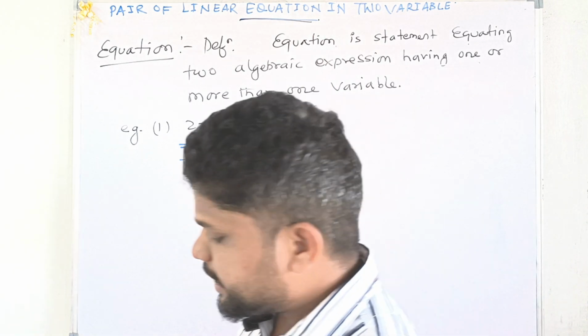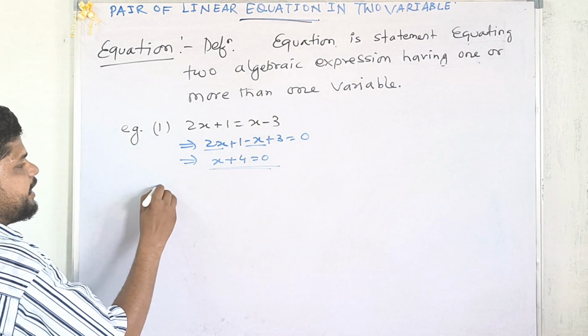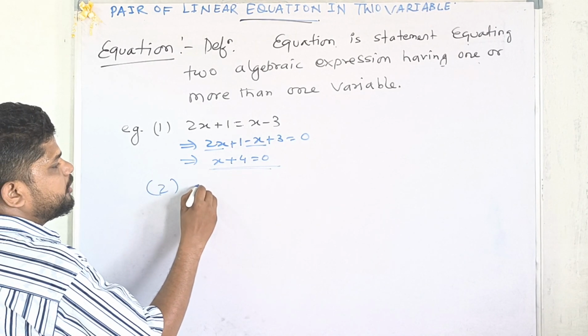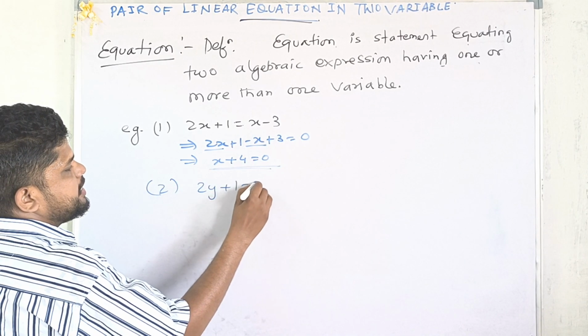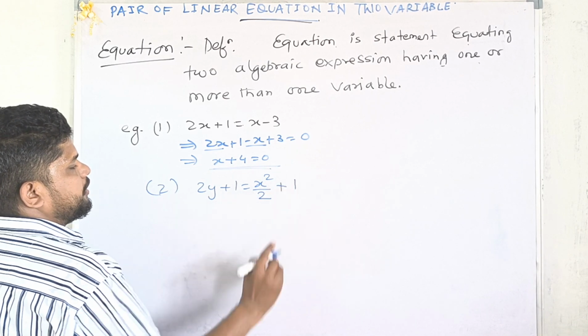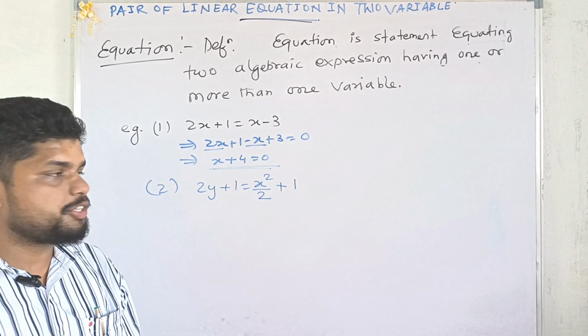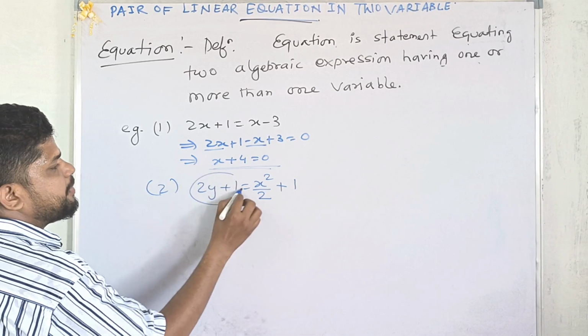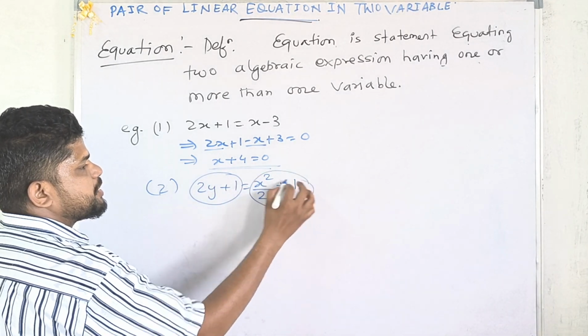Okay, let us take another example. Suppose I write 2y plus 1 is equal to x square divided by 2 minus 1. Here also, dear students, this is one algebraic expression and this is another algebraic expression.